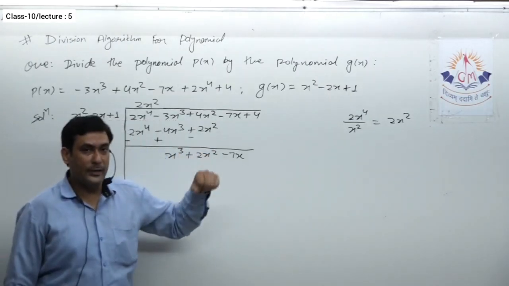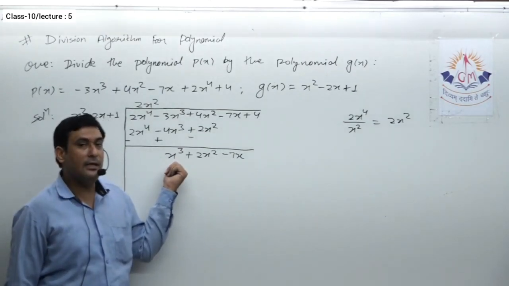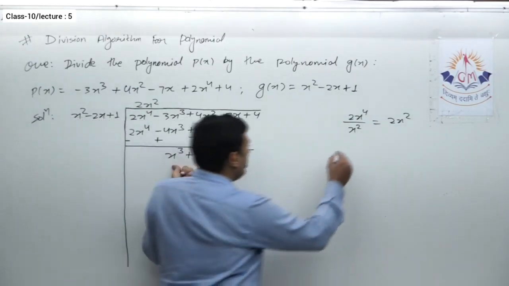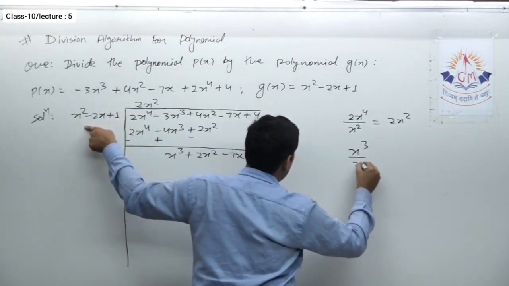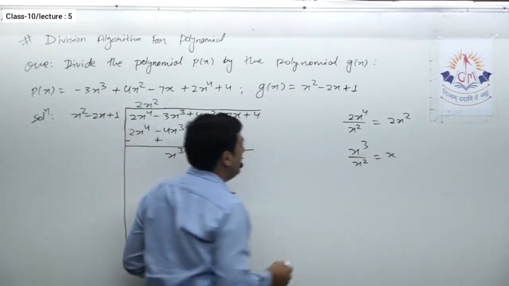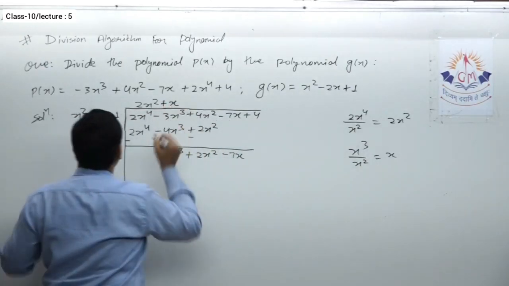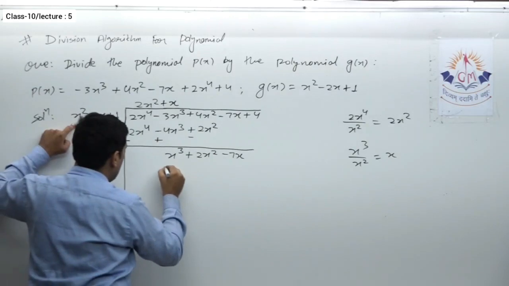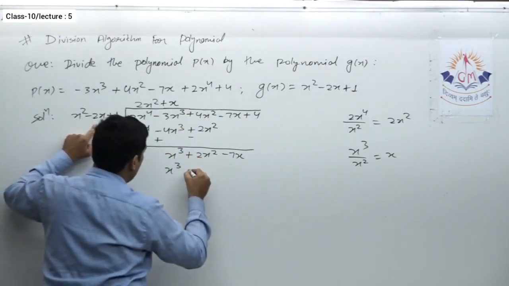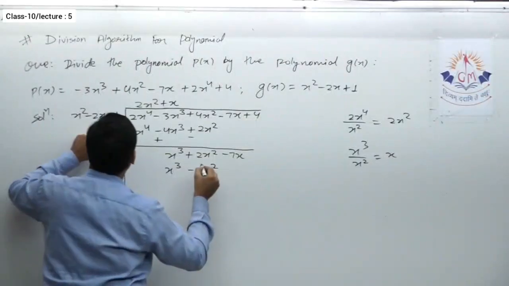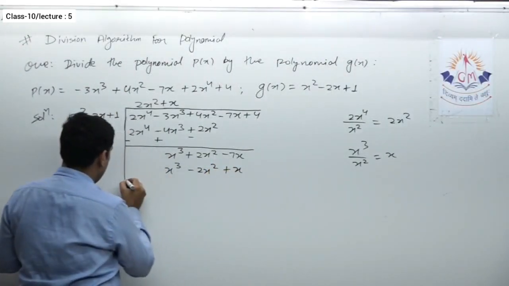Now to obtain the next term of the quotient polynomial, I will divide the first term of the dividend polynomial by the first term of the divisor polynomial. So this gives me x. So plus x I write. Now x into x square gives me x cube, x into minus 2x gives me minus 2x square, and x into 1 is going to give me plus x.